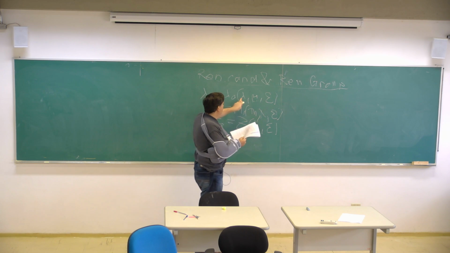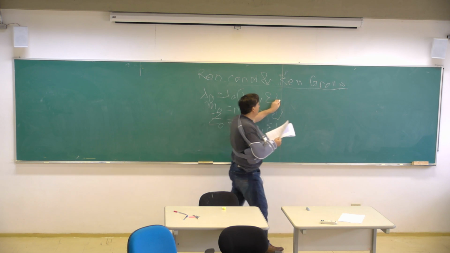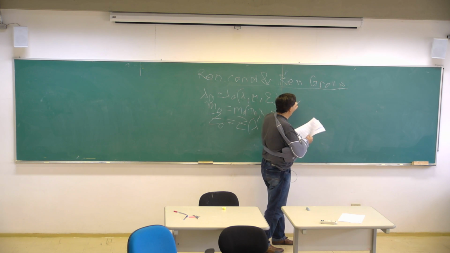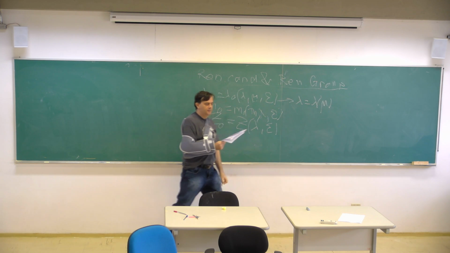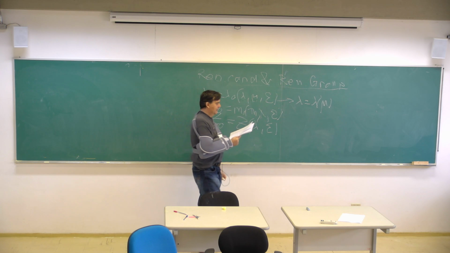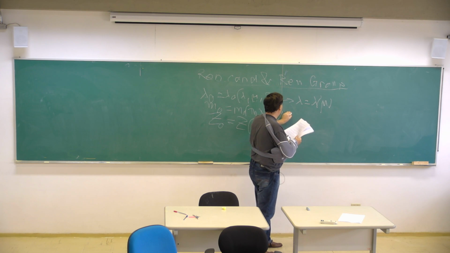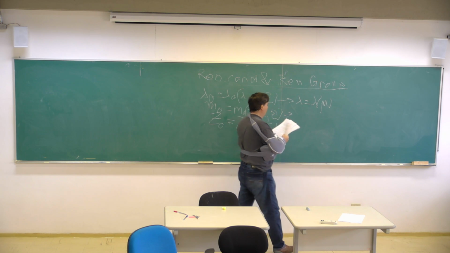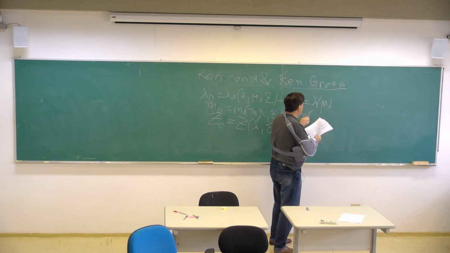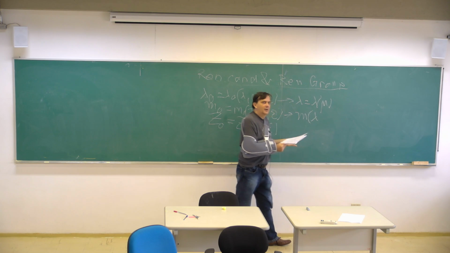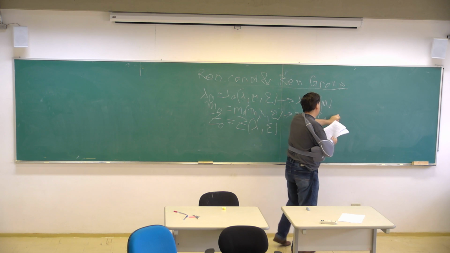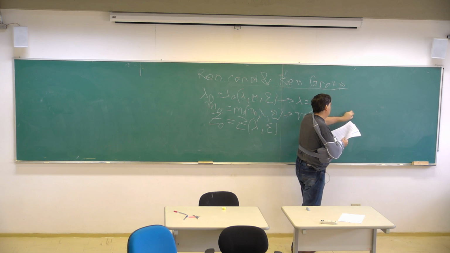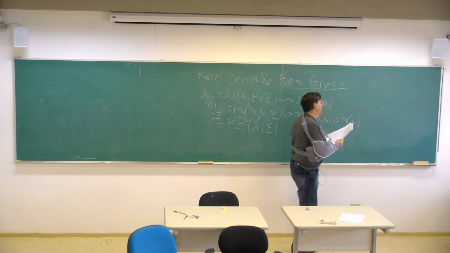In which case, from this one, we find that the coupling constant depends on the scale mu, and then from this one we find that m, depending also on lambda, which depends on mu, also depends on the scale mu.